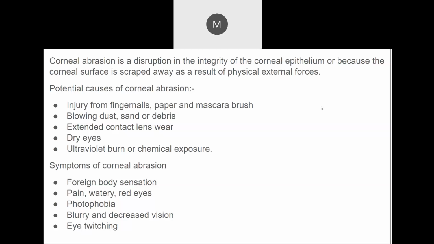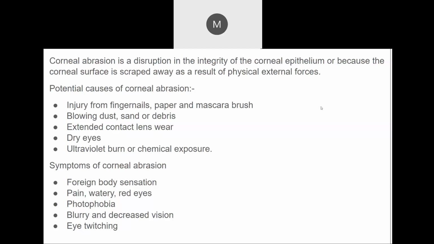Then dry eyes. People who work in a dry environment, read most of the day, or look at TV or computer screens for most of the day may have dry eyes, and dry eyes could be one of the causes for corneal abrasion. And lastly, ultraviolet burn or chemical exposure can also cause corneal abrasion.